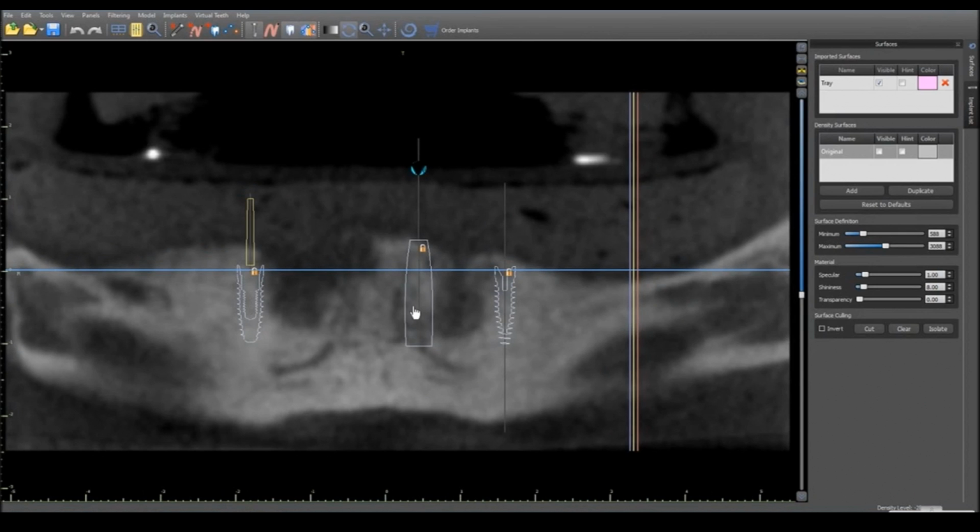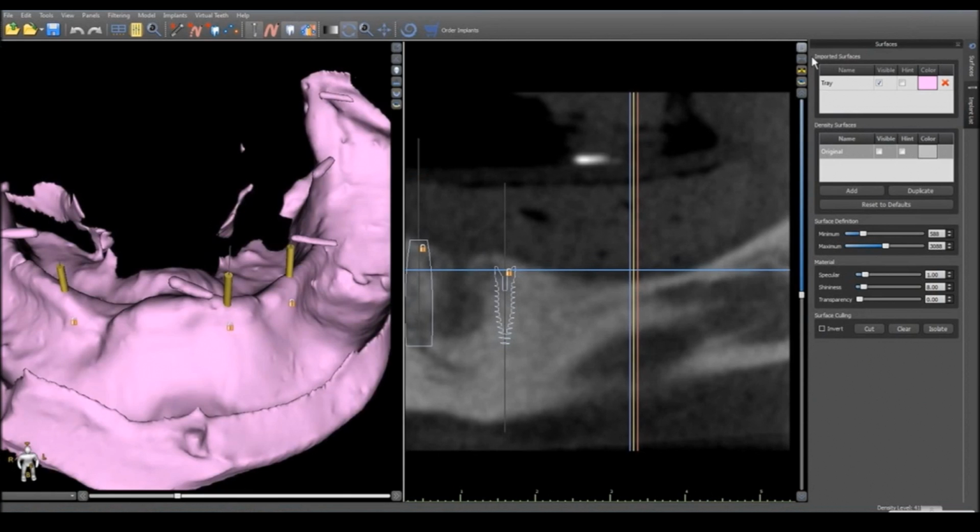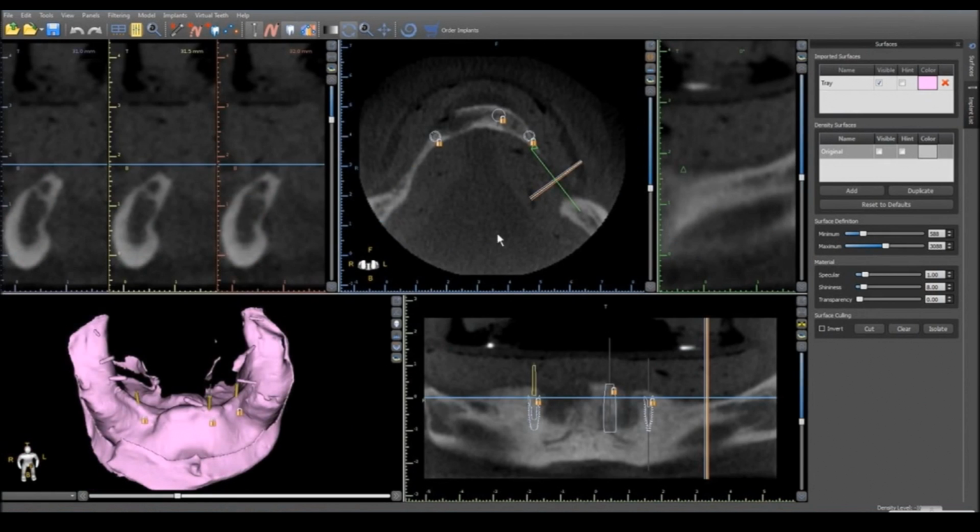So I placed implants. I placed this one first, then paralleled off of that one and placed one here and one here. Then I went to my cross-sectional view. Again, on these overdenture cases, as most of you know, it's very important that the implant be centered in the soft tissue ridge. So in this case, we were able to project the cross-sectional view of the soft tissue over the patient's bone.